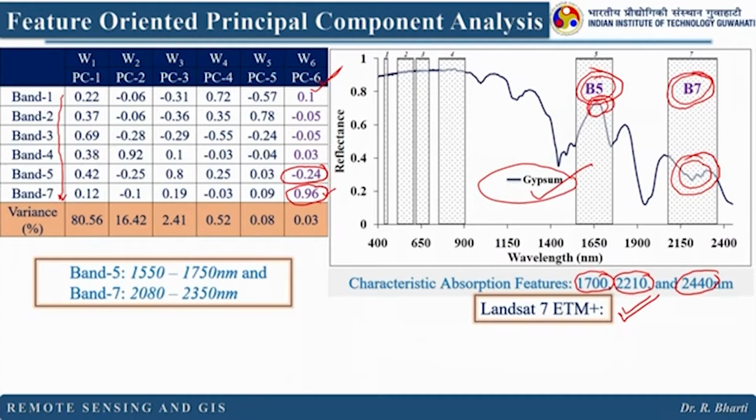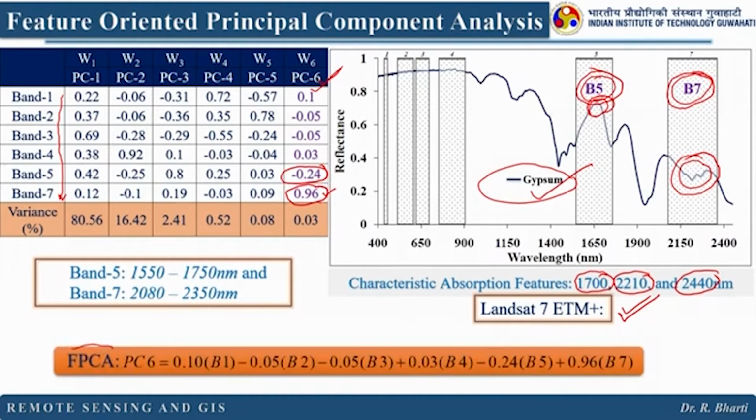So here you can see this is the FPCA, this is principal component 6, and these are the weightages for different bands, right. So here we are doing nothing, just simply analyzing our eigenvector matrix, and then based on our target we analyze and say that this particular principal component is suitable in my study.